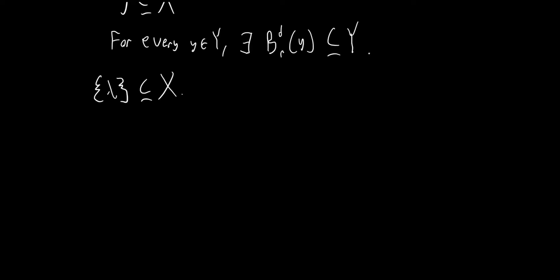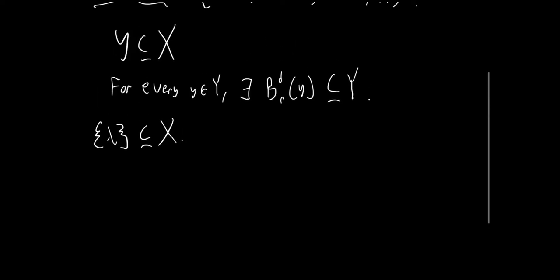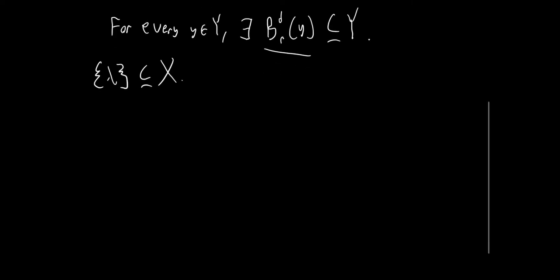Okay, so is it open in the discrete metric sense? Well, to answer this question, we need to see if we can find a ball around lambda. And can we do that? First things first, every point in X that is not lambda is a distance of 1 away from lambda.